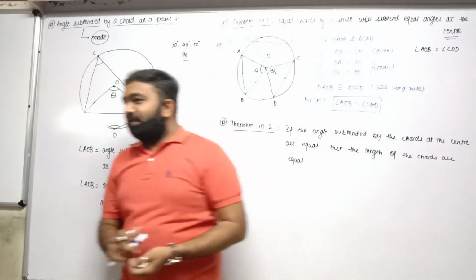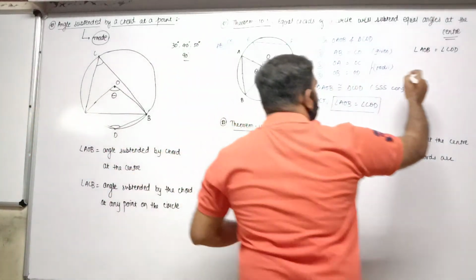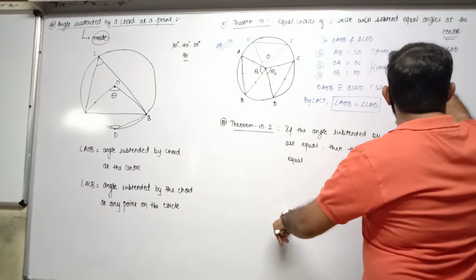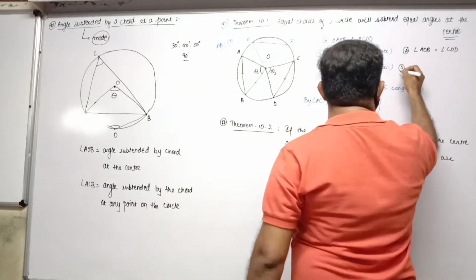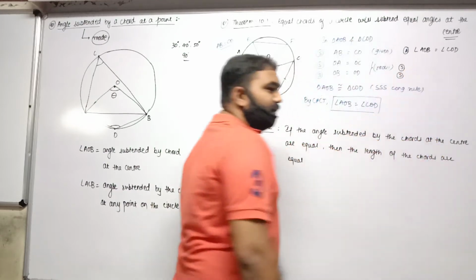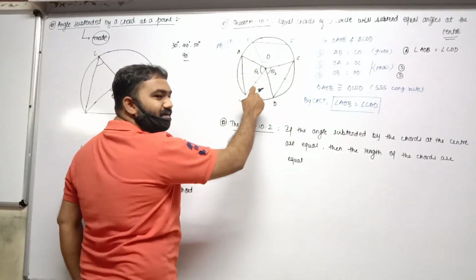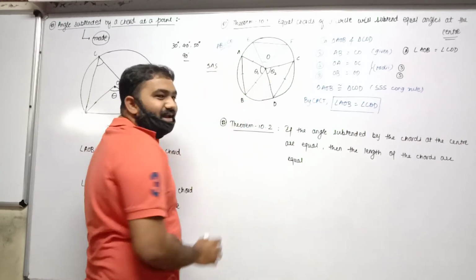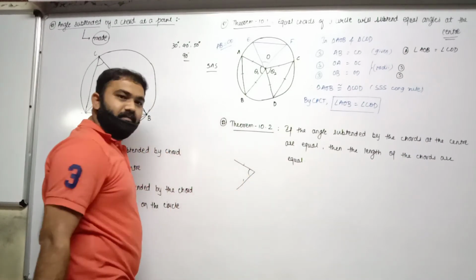Now which rule can we apply here? This is the side, this is the angle, and this is again the side. You can clearly see this side, this angle, and this side. So by SAS, because this angle is included in between.